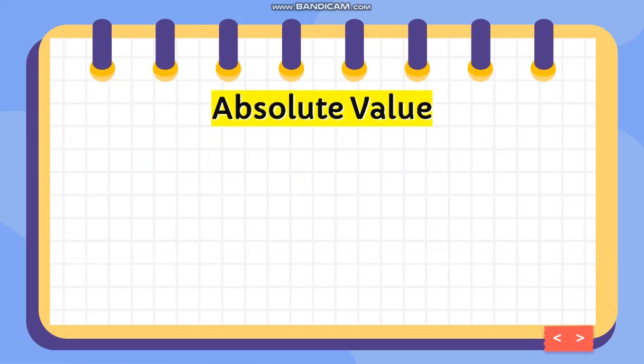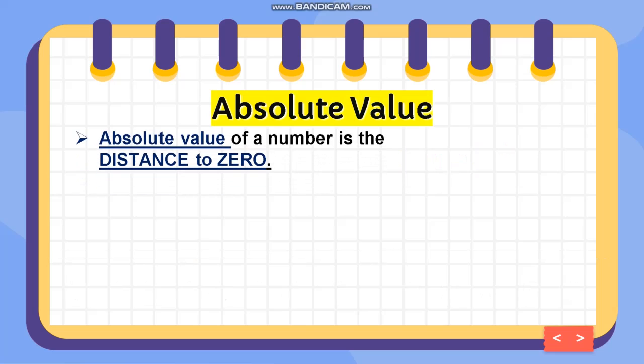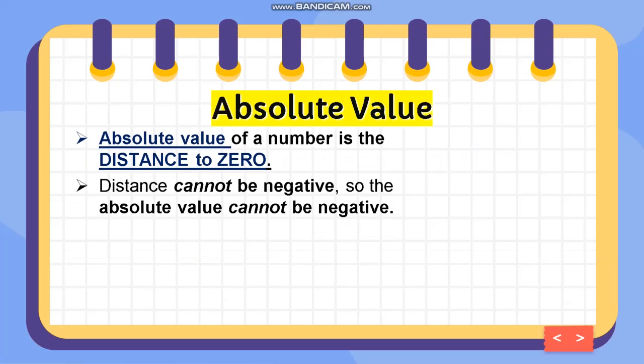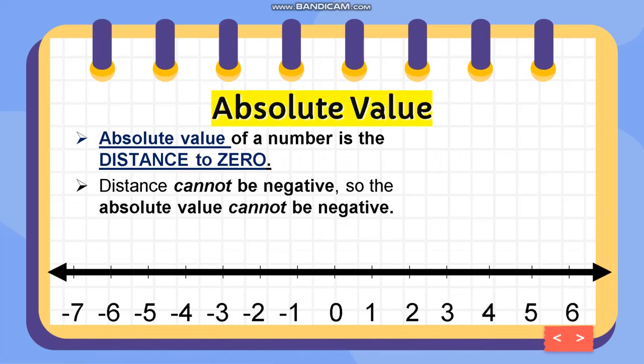Let's talk about the absolute value. When we say absolute value of a number, it means it is the distance to 0. Remember, the distance cannot be negative. The absolute value cannot be negative. As you can see here on a number line, the distance is starting from 0.